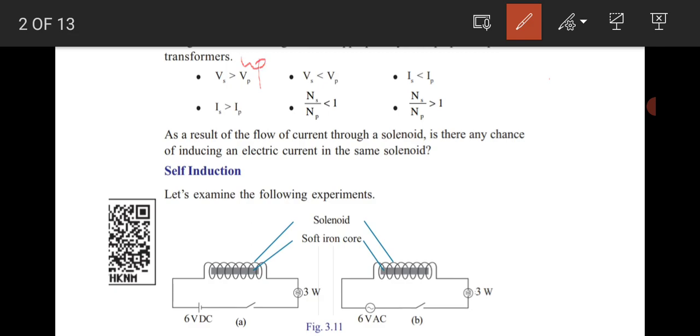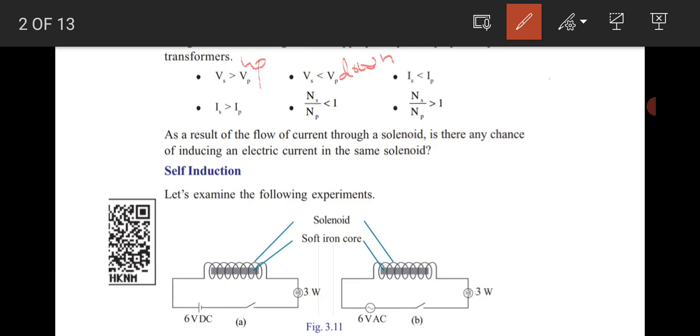Then take the second relation, Vs less than Vp. This relation is just the opposite of the first one, so it is a step-down transformer.